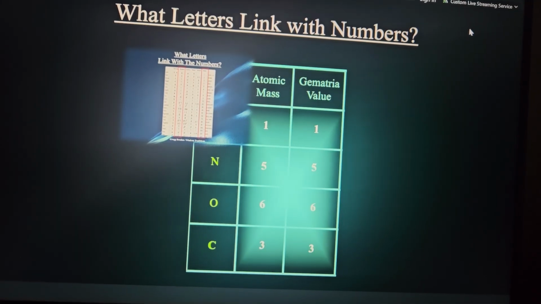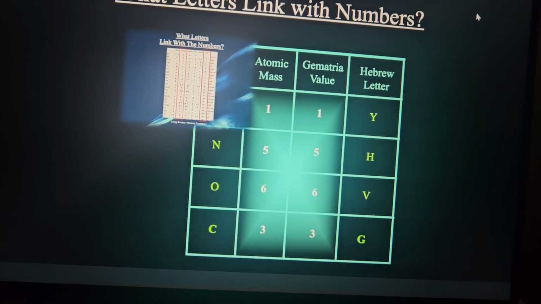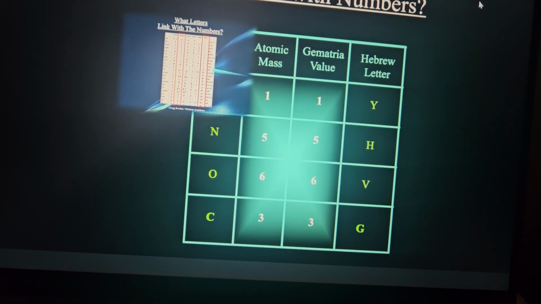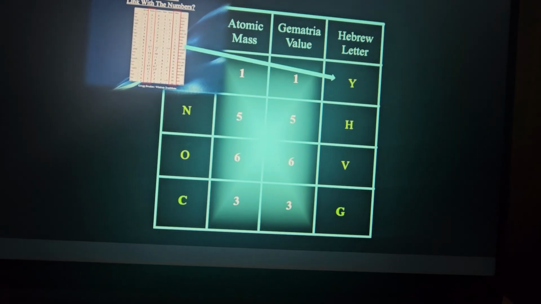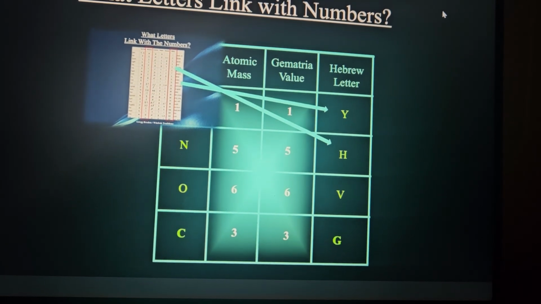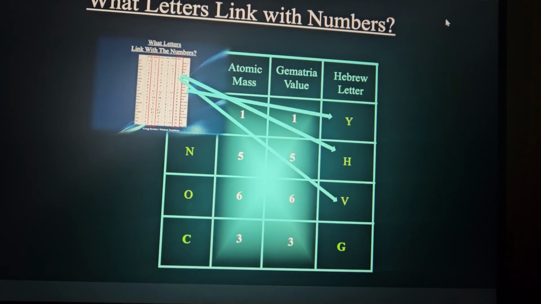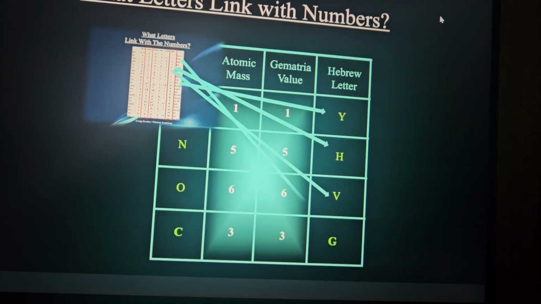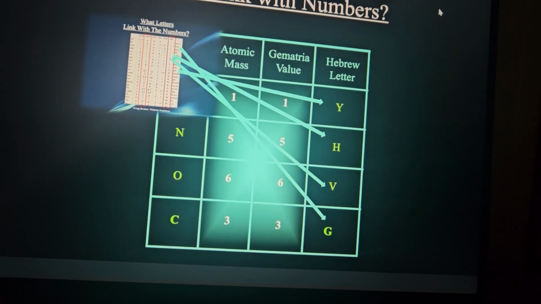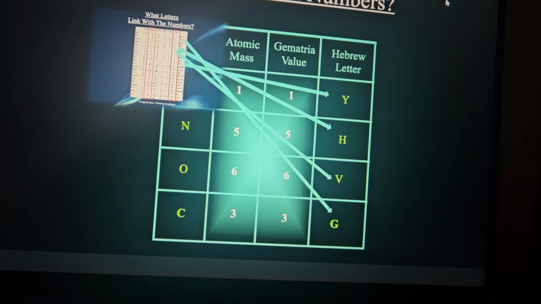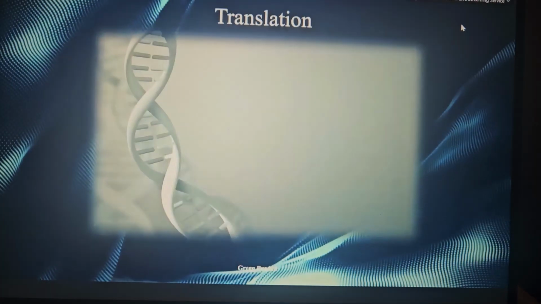And if you know Hebrew, you're going to see something happen here really quick. What we find is hydrogen becomes a Y, nitrogen becomes an H, oxygen becomes a V, a Vav, carbon becomes a G, a Gimel. All right, and there's exactly how it happened by applying those rabbinical rules.